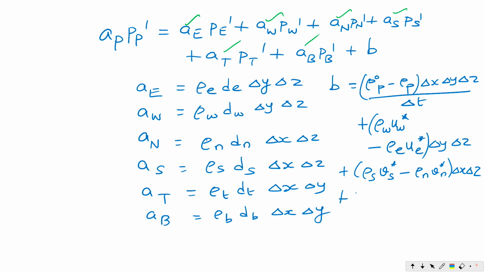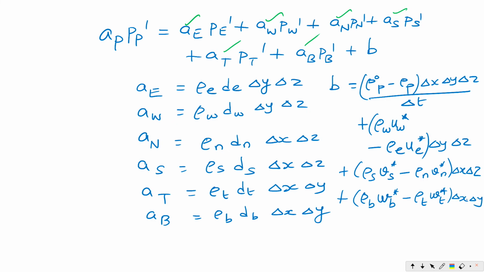Plus, can you tell me the last term in the z direction, similar terms? It will become rho b w b star minus rho t w t star. Here the last component is w, and since it is the z direction, z should not come, so it is del x del y.